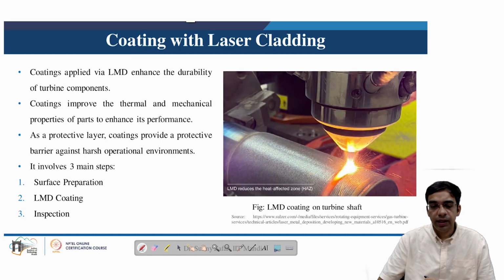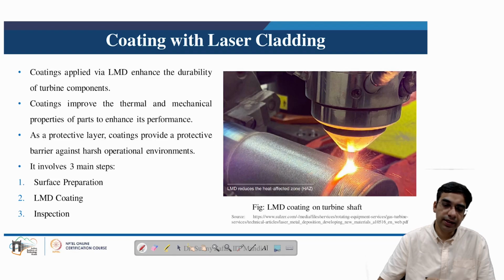Laser cladding is also used to deposit several coatings for hot corrosion, etc., which enhance the durability of the steam turbine components. Coatings in general improve the thermal and mechanical properties of various components of the steam turbine, and they also enhance its performance.